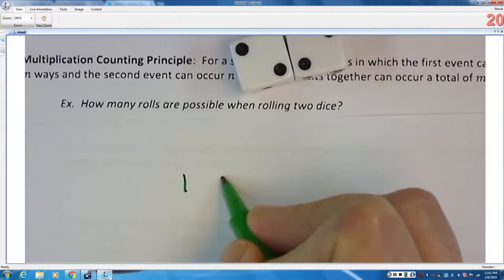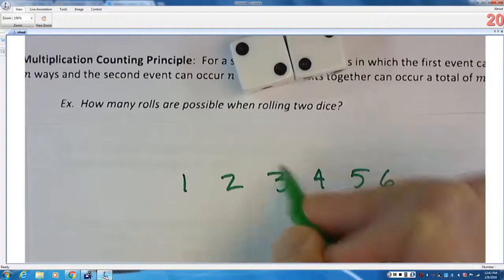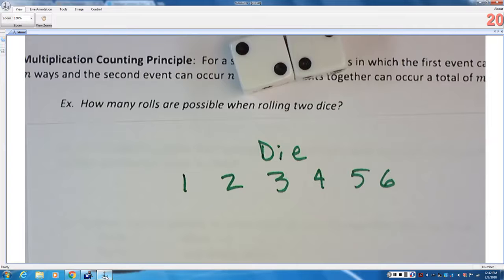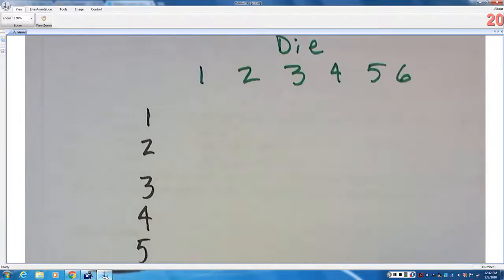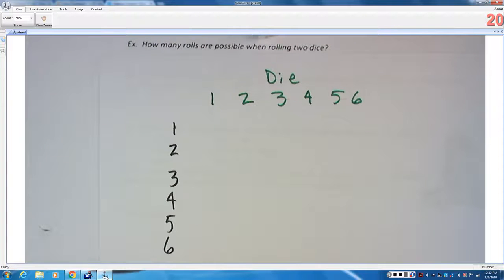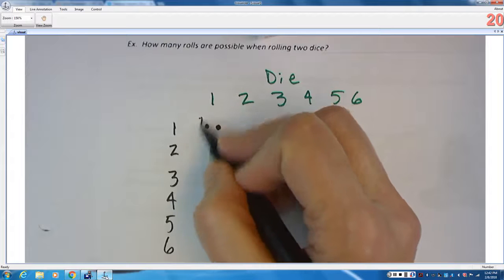We could make a whole chart with this, and this might be in the book, where you have 1 through 6, the possibilities on the one die, and then 1 through 6 on the other die. These are all the possibilities, and it's not a tree diagram. They might even draw a picture like 1 and 1.